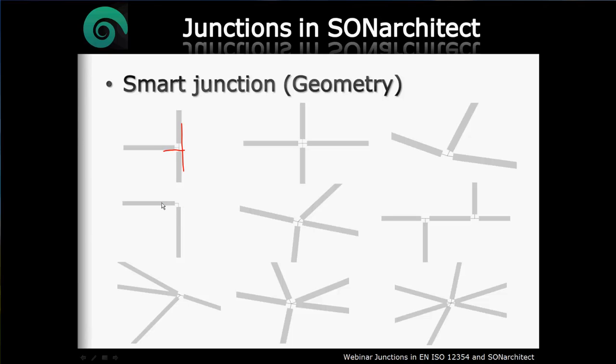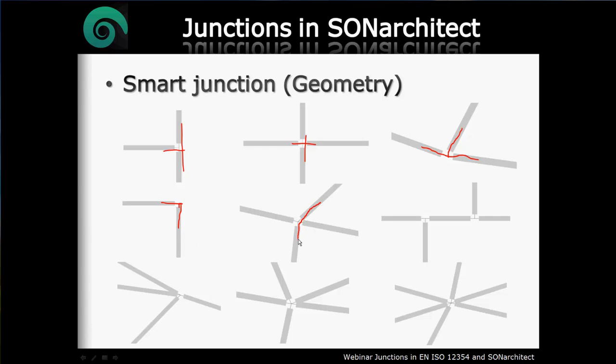But as soon as we have small differences in the angles, then the thing is not so easy, and not for a computer. So this is where we put our knowledge, in the computational geometry algorithm that works behind SONarchitect to recognize the shape of the junctions and assign the correct model for each junction.